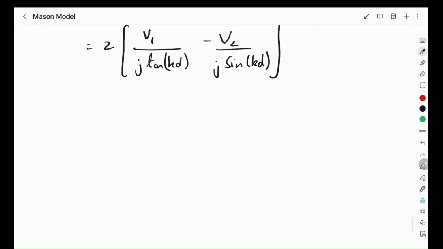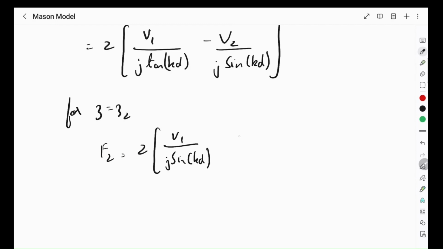Similarly, if you solve for z equal to z2, you will get F2, which is equal to Z into v1 divided by j sin kd minus v2 divided by j tan kd.